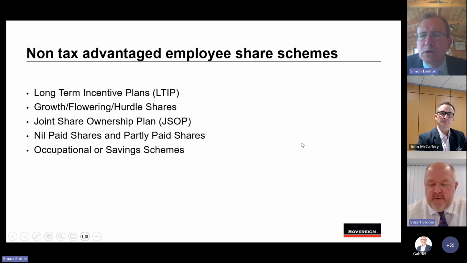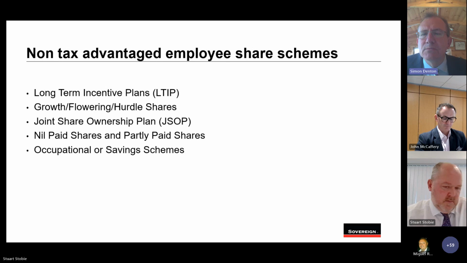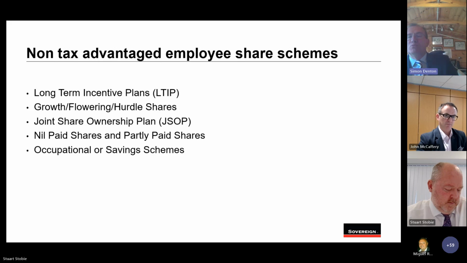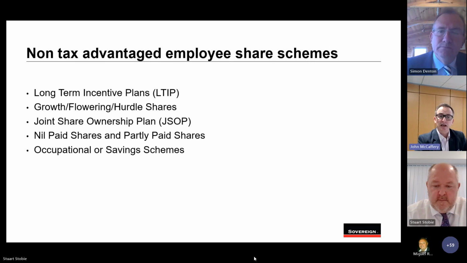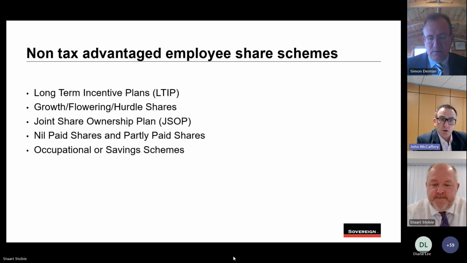Just a quick one, Stuart. There's a question from Billy: if we apply an 80% minority discount when the options or shares are created, will HMRC not challenge the eventual share value, and say the minority discount should be applied again? That really depends on the type of arrangement you are using.